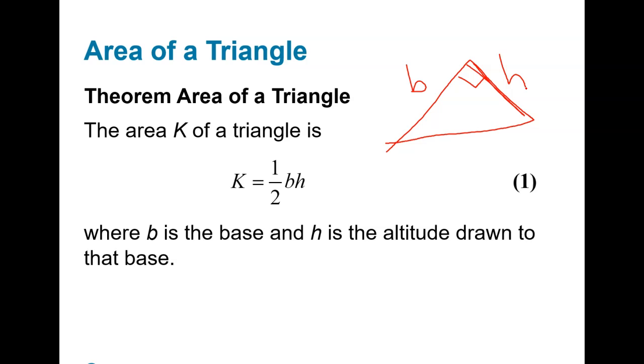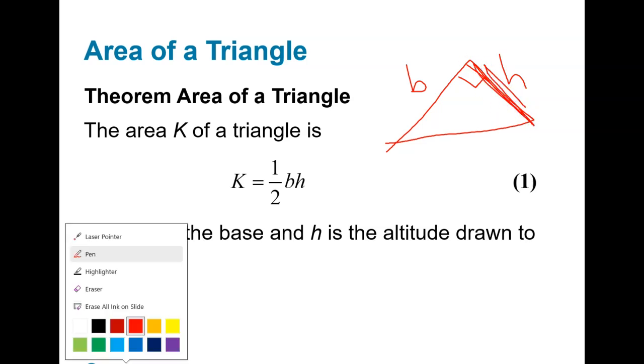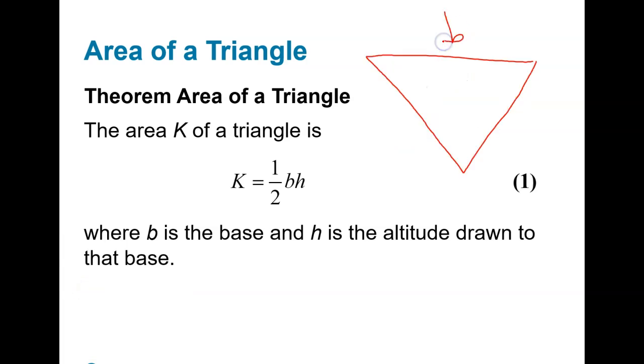It's all about the perpendicular side. So again, it doesn't necessarily have to be the bottom as the base. It's just a side length and some way to get that perpendicular height from the side length that we're calling the base.